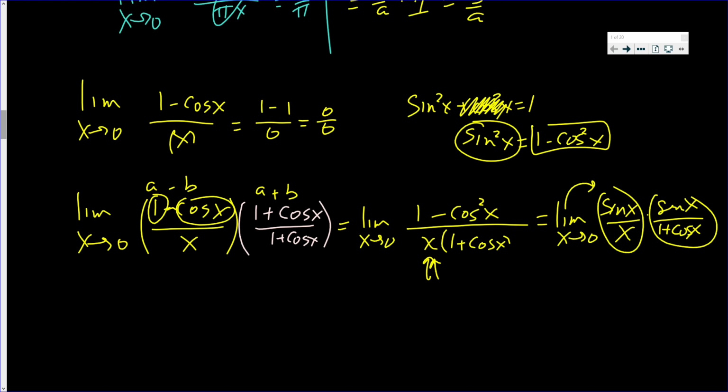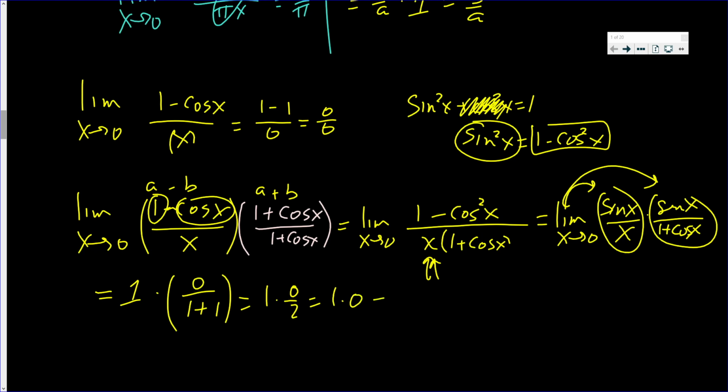So we have the limit of the first fraction, which is 1, times the limit of the second fraction. If you directly substitute, the sine of 0 is 0 over 1 plus the cosine of 0, which is 1. So you have 1 times 0 over 2, which is 1 times 0, which is 0. That's one way of doing this problem.